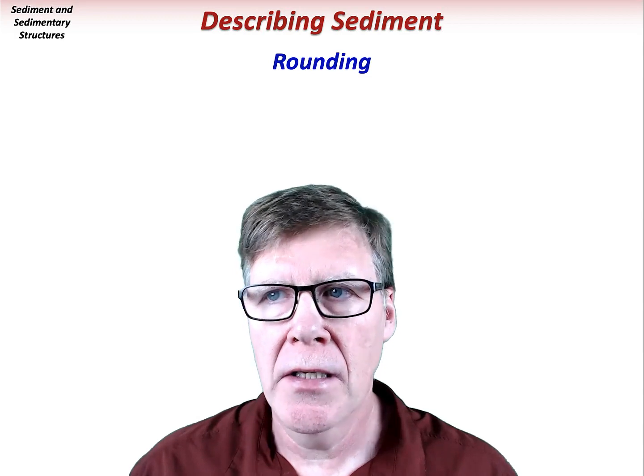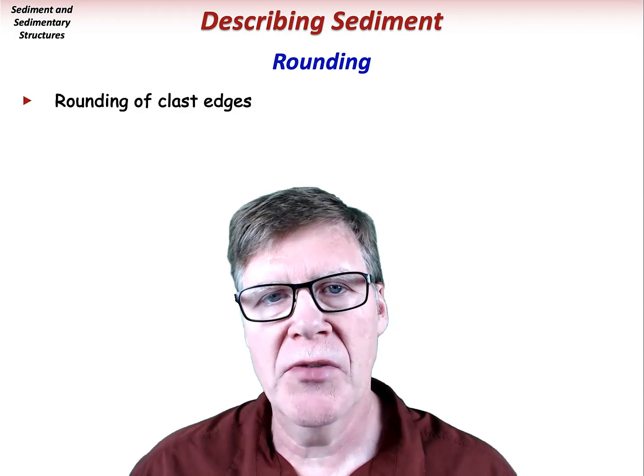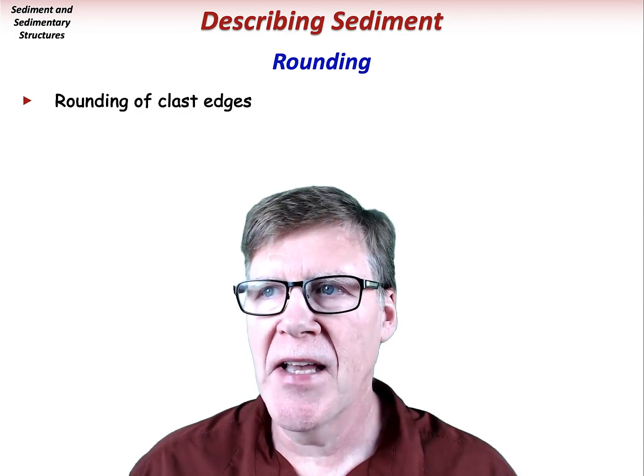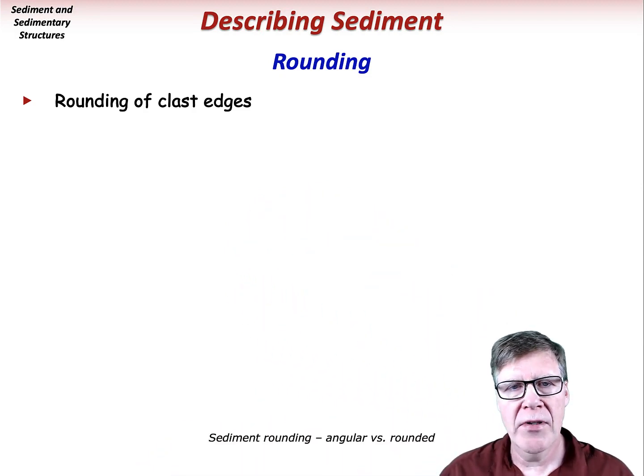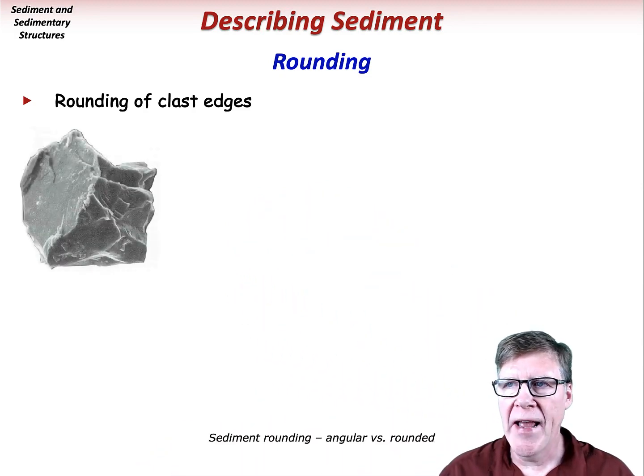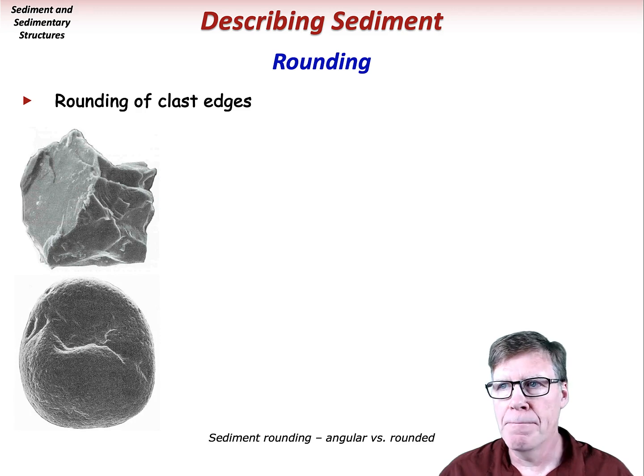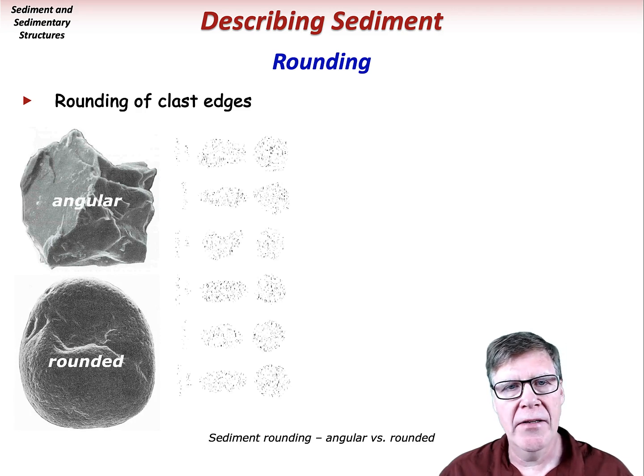Sediment rounding describes the rounding or smoothness of the clast edges. Rounding progresses from very angular to very well-rounded, with a variety of forms in between.